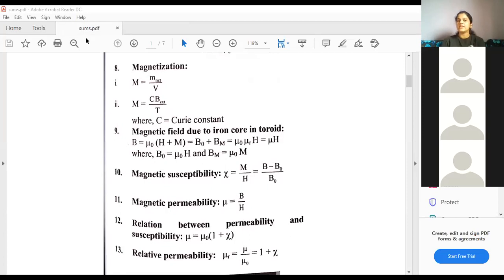So see, a plate of magnetic material of size 10 centimeter cross 0.5 cross 0.2, that is length into breadth into height, is located in a magnetizing field of 0.5 into 10 raised to 4 ampere per meter. Now, students, the question is, what is this value? Let us read the entire question first.